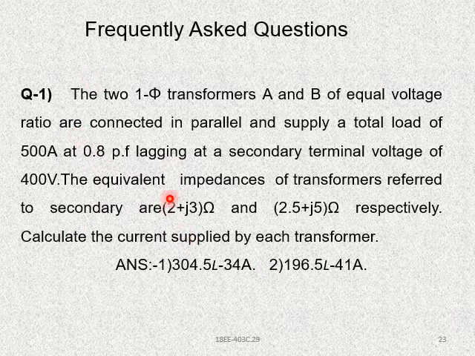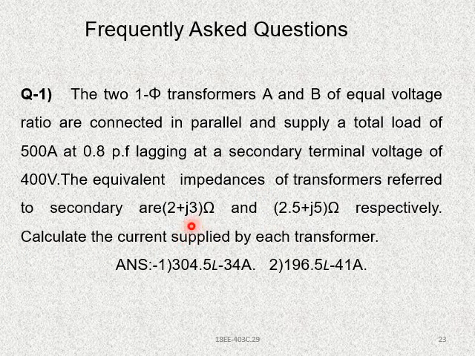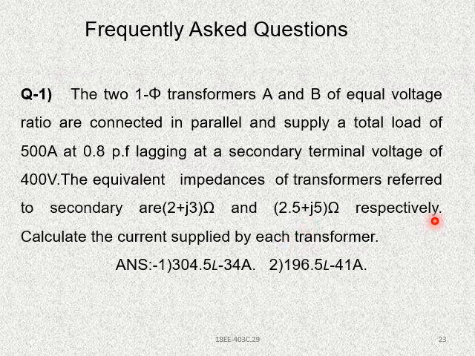I'll just explain the question to you. The two single phase transformers A and B of equal voltage ratios are connected in parallel and supply a total load of 500 amps at 0.8 power factor lagging. The secondary terminal voltage is 400 volts. The equivalent impedances of the transformers referred to secondaries are 2 plus j3 ohms and 2.5 plus j5 ohms respectively.